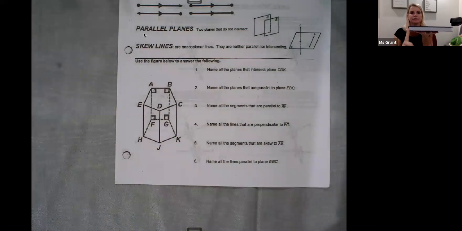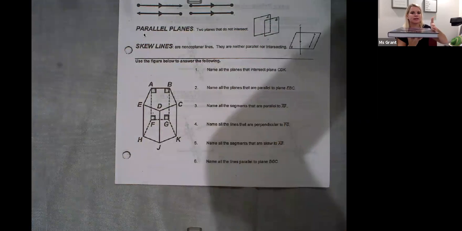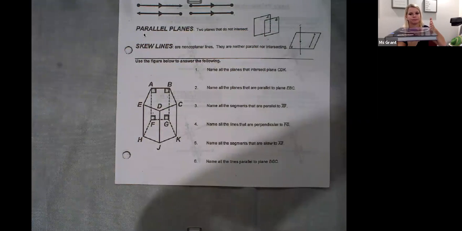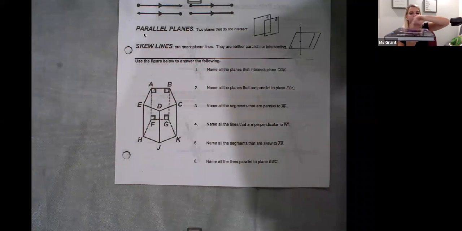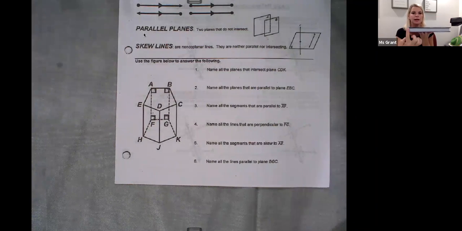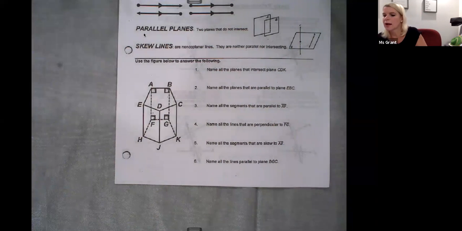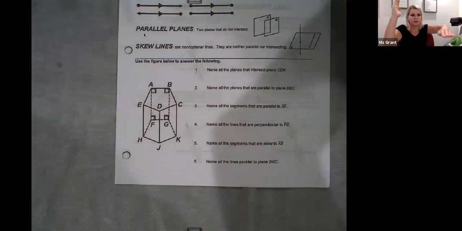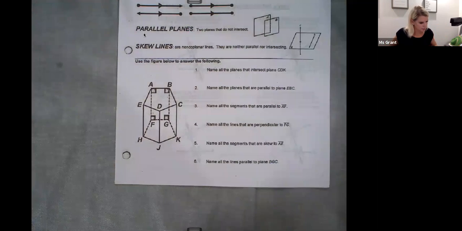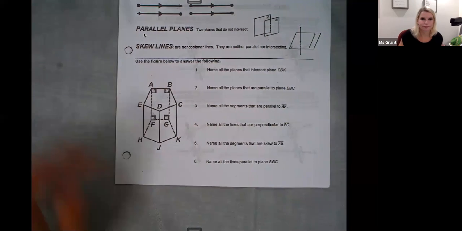This line right here, going up and down at the binding of my book, will never, ever, ever intersect this line right here. This line right here is a horizontal line that's far away. This line right here is a vertical line. They will never intersect. Skew lines are lines that have absolutely nothing in common, and they're usually things like this. Those would be skew lines. They're not parallel, they're not intersecting, they're just completely different areas.